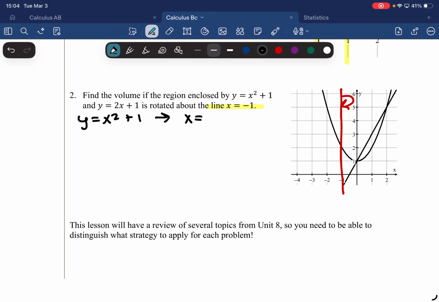If I solve this for x, that's subtracting 1 to the other side and then taking the square root. So I have plus or minus the square root of y minus 1. And then the other one, y is equal to 2x plus 1. Solve for x, I get y minus 1 over 2. Notice it's the same equations from the last notes.